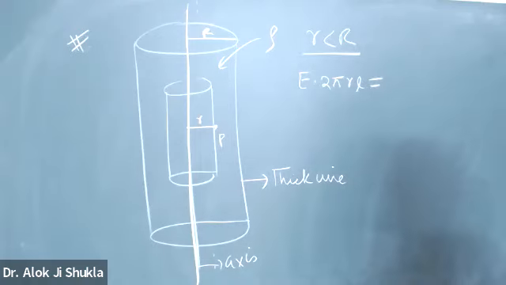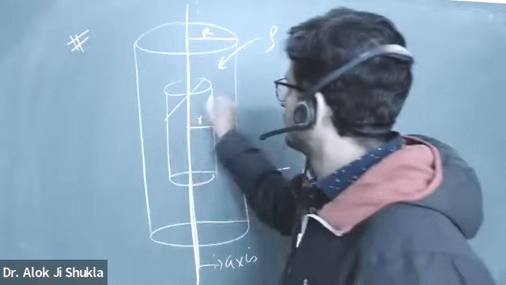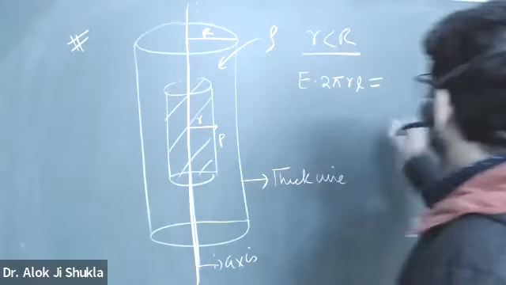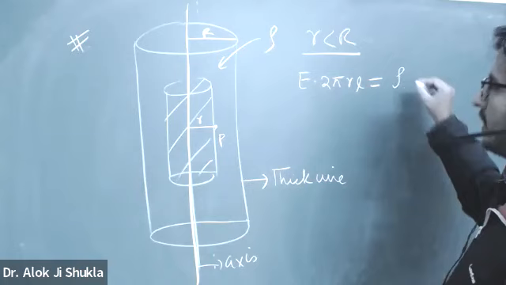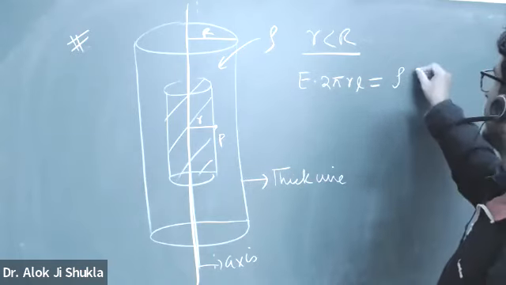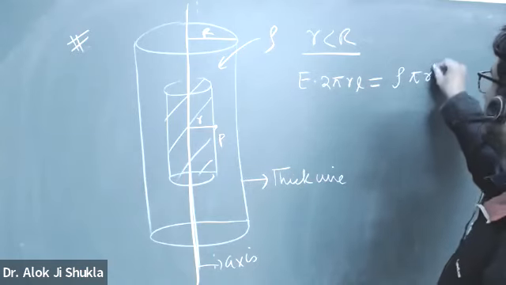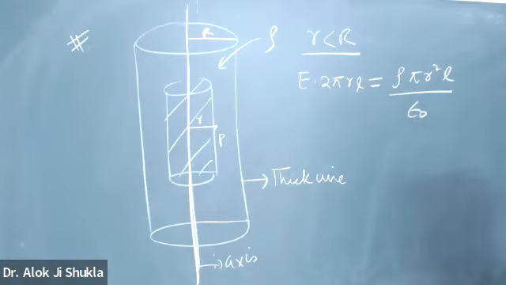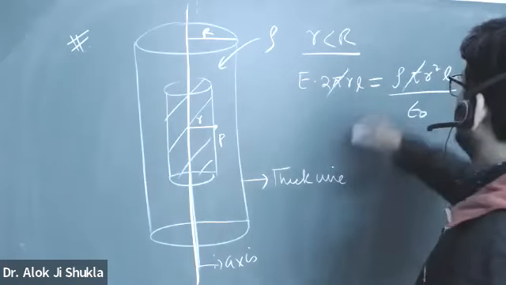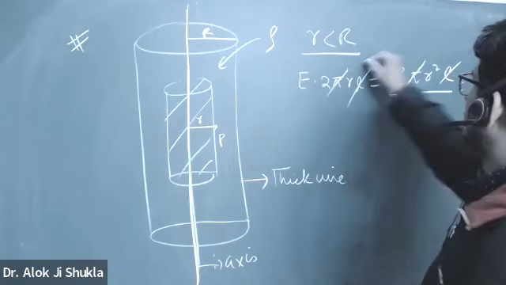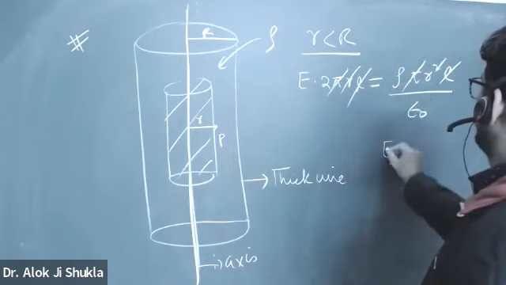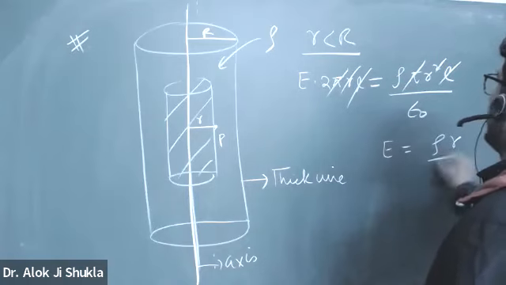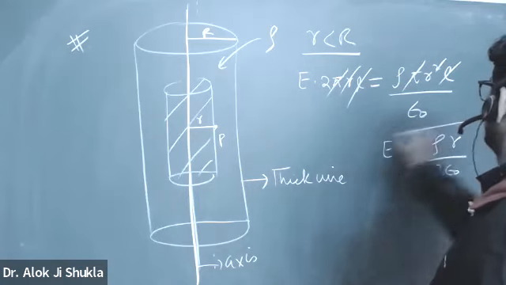How much charge will be there? Rho into pi r square L by epsilon naught. Check it, and if there is any doubt, tell me. So field will be rho r by 2 epsilon naught.